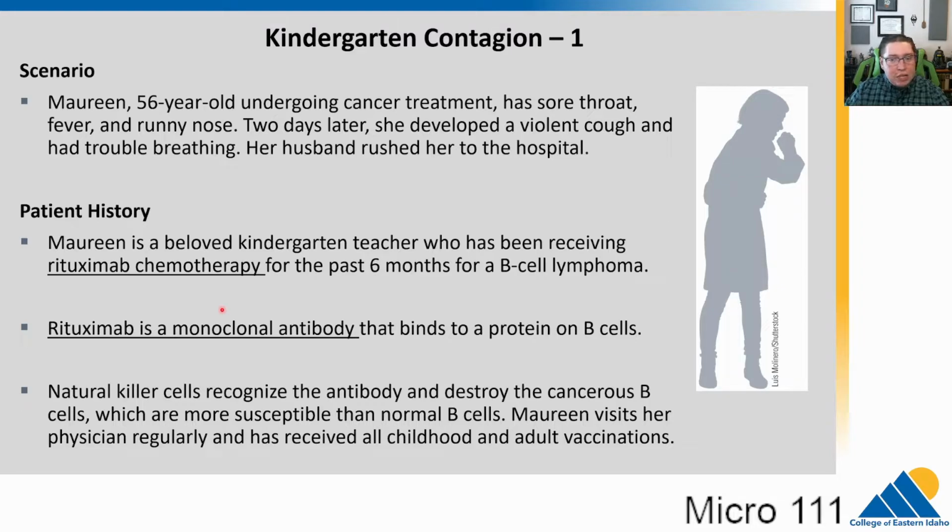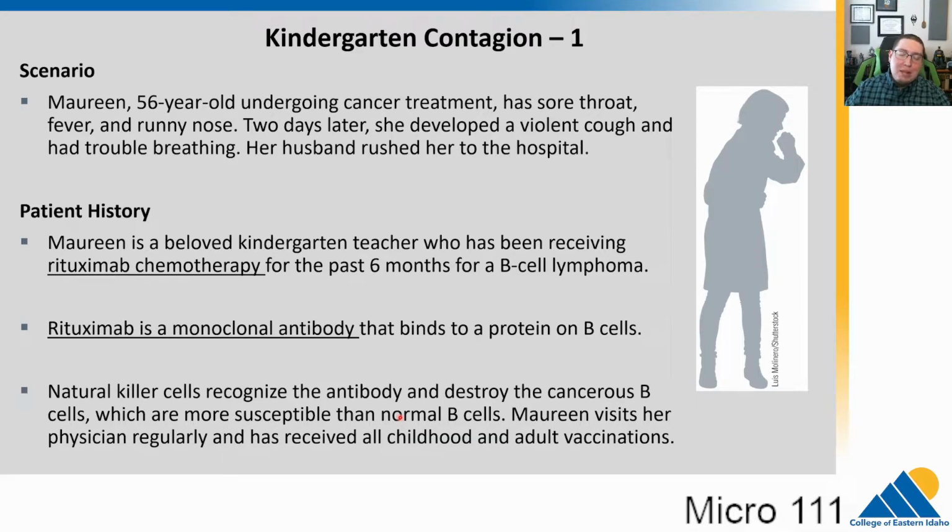Maureen is a kindergarten teacher, and she's been on her cancer treatment, which is, as we'll talk about, a monoclonal antibody for the past 6 months. So she has a B-cell lymphoma. So she has, in her B cells, cancerous cells are growing. This monoclonal antibody binds to a protein on those B cells, and then a group of cells called natural killer cells come in, recognize that antibody, and destroy the cancerous cells, which are more susceptible to this than normal B cells.